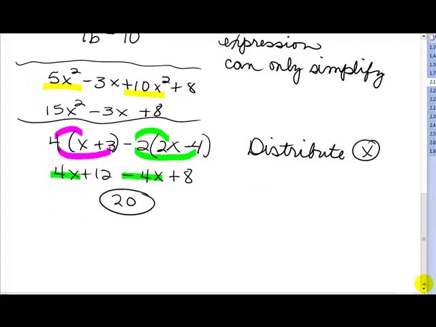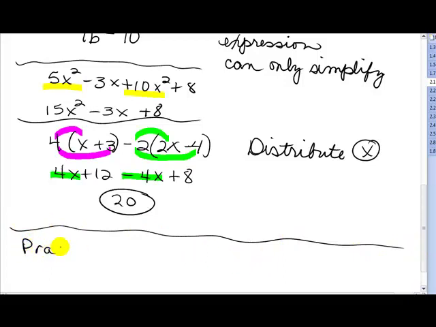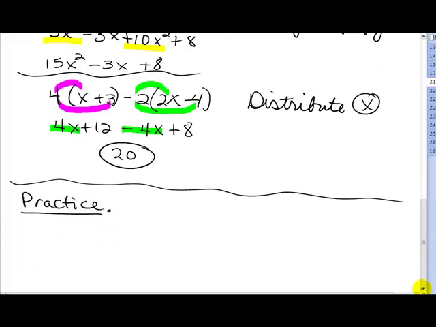Okay, let's let you practice just a tiny bit of this. We'll use both of these. We're going to use the combining and the distributing in solving equations. So I want you to practice this a little bit.